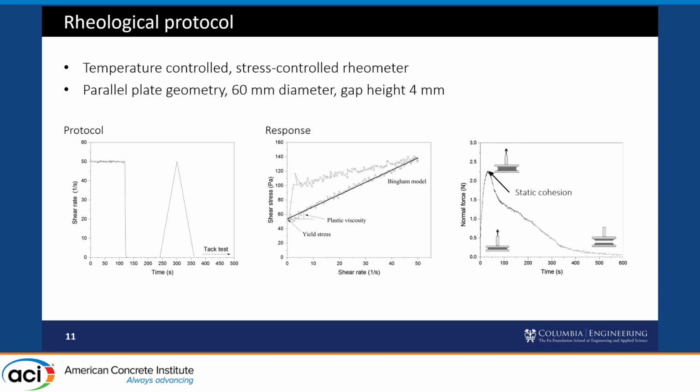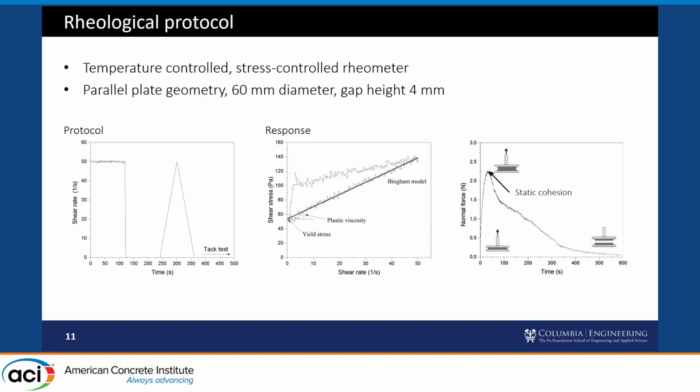Okay, so a little bit about the shear rheological protocol. Everything was tested in a temperature-controlled, stress-controlled rheometer in a parallel plate geometry with a 60mm diameter and a gap size of 4mm because we were testing mortars. And we did have sandpaper adhered to the surfaces to minimize slip.